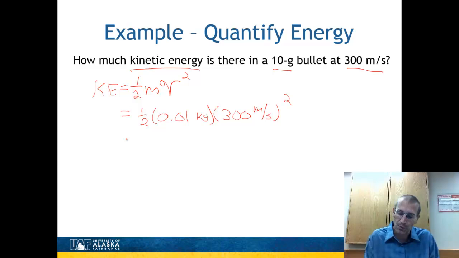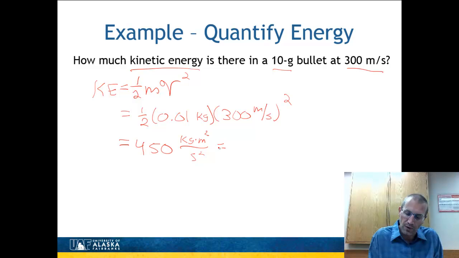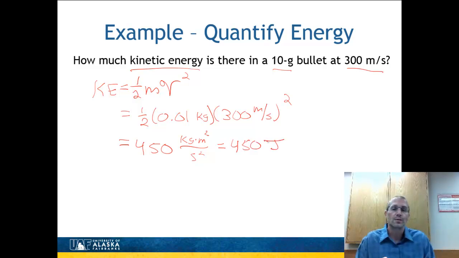If I go ahead and multiply that out, I realize that is about 450. The units are kilograms, meters squared per second squared. And that unit is the same as a joule. So this would be 450 joules.